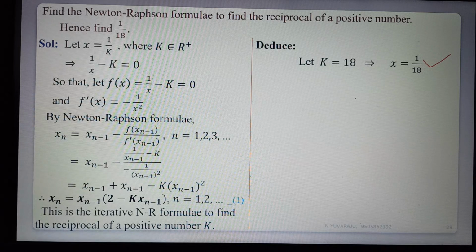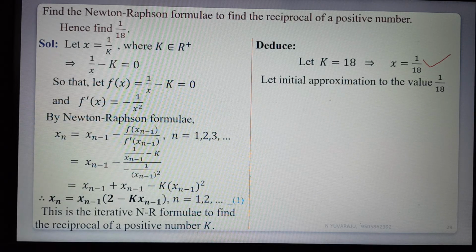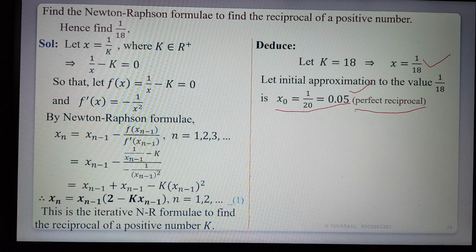Let the initial approximation to the value 1 by 18 be chosen as follows. Which value is the nearly perfect reciprocal near 18? It is 20, so 1 by 20 is equal to 0.05. We take 1 by 20, the perfect reciprocal near 1 by 18, therefore x naught is 0.05.